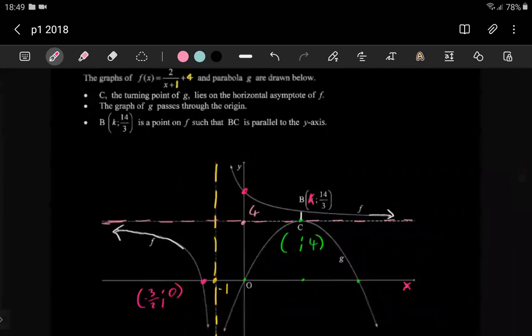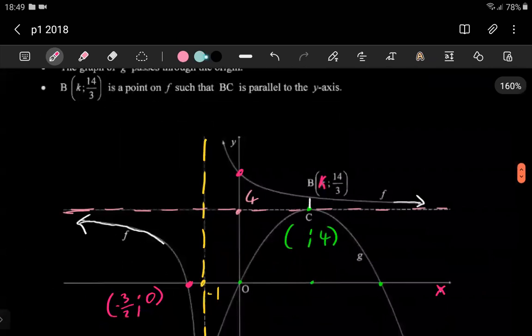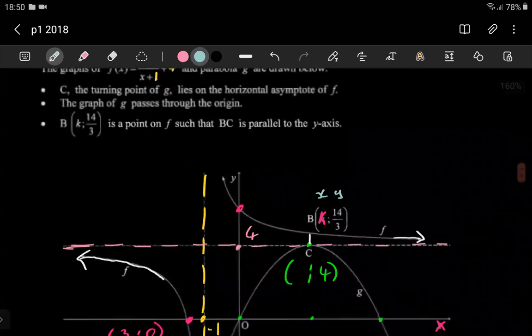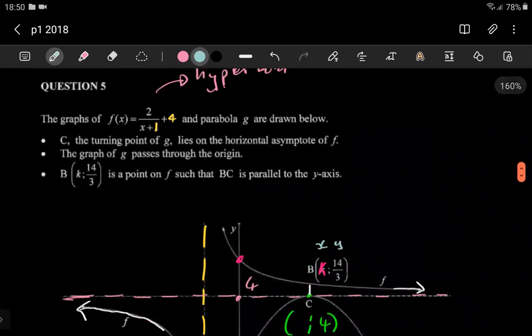These questions seem to be very direct. It's an x value, it's a y value, and they have an equation that you're given. So if you need the x value of b, you're just going to throw the y value in there.